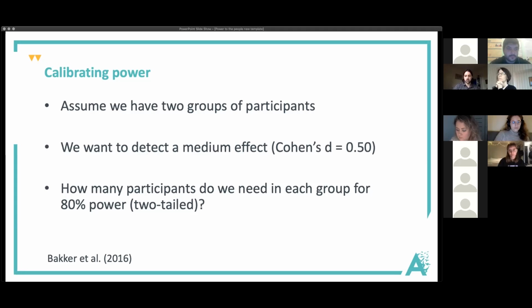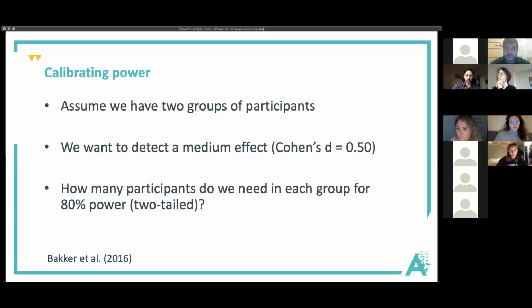Then the flip side: if you know this many participants, what effect sizes could you detect? So if you could, in the comments: if you want to detect a medium effect, so a Cohen's d of 0.5, and you have two groups, how many participants do you think you would need in each group to detect this effect with 80% power?